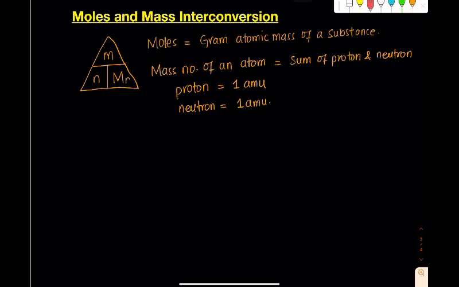AMU stands for atomic mass unit. Whatever the mass of a proton is, that is considered equal to 1 AMU, which we again say is equivalent to 1 gram, right?